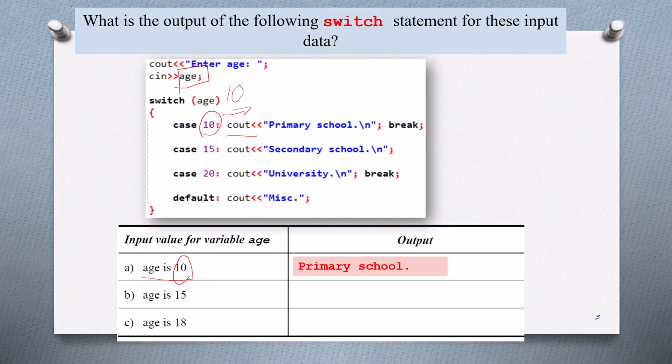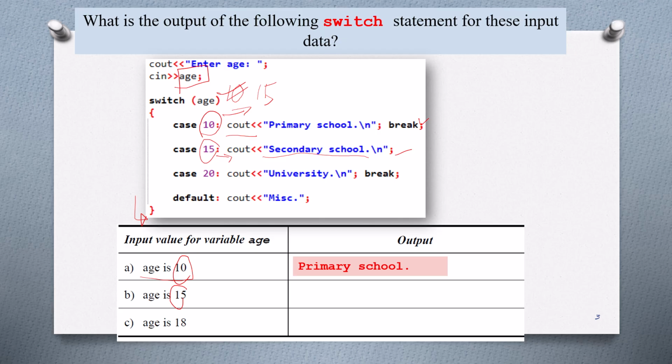Here you have the break. Break means it will exit from the switch, so only primary school will be displayed. Next one, what if age is 15? Check the case that matches 15. So it will go to case 15, then it will display secondary school, but then you don't have the break statement here.